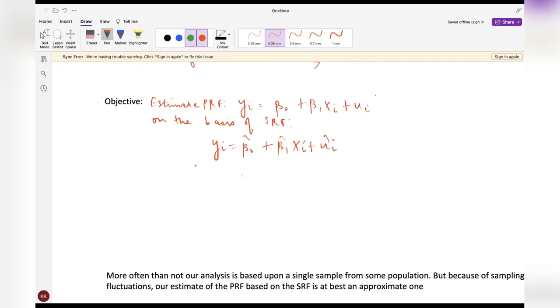Now, remember that this is yi, and we know from the deterministic nature of the sample regression function that this is nothing but yi hat plus ui hat. Therefore, we can define a residual as the difference between the actual value of yi and the estimated value of yi. Right? So let's plot this out.